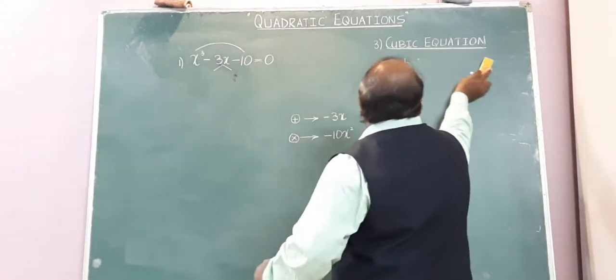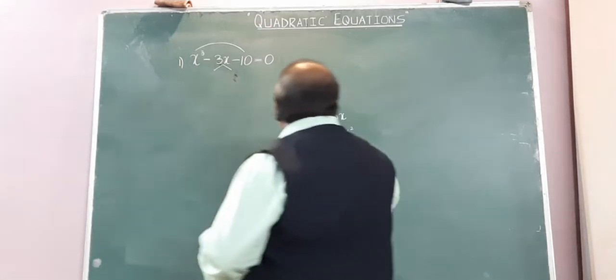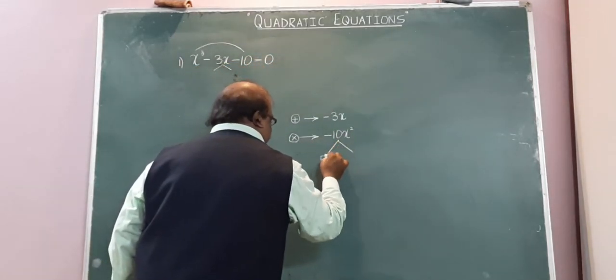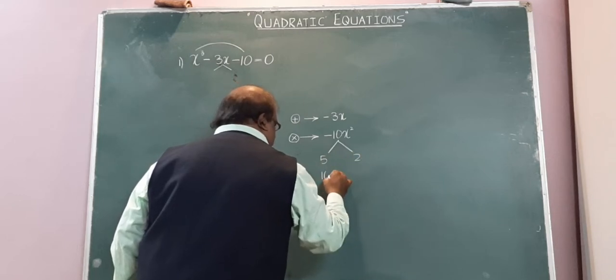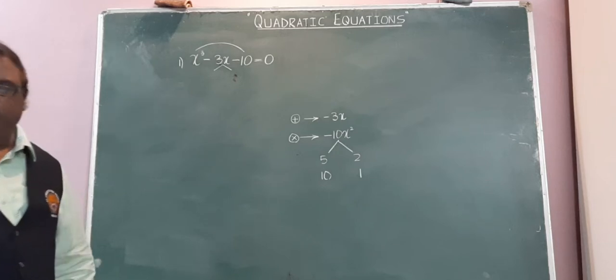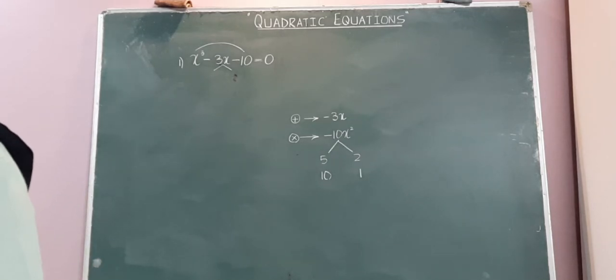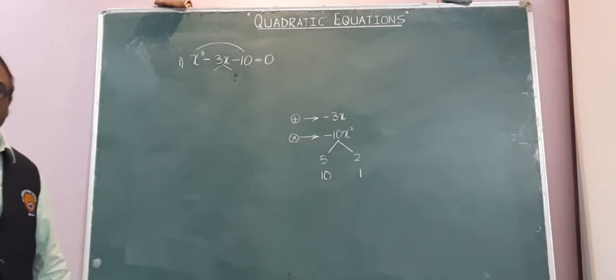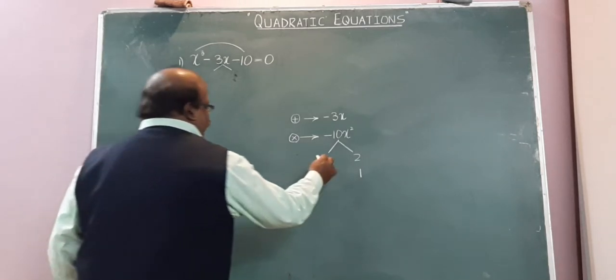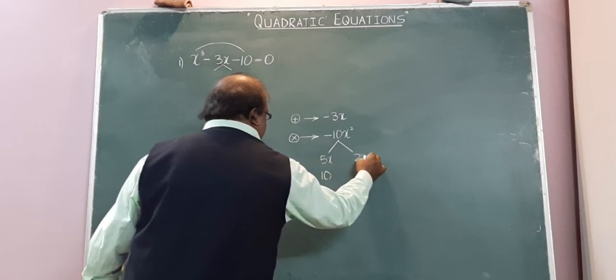The factors of 10 are 5 twos are 10. Only two possibilities: 5 twos are 10, and the second possibility is 10 ones are 10. The factors could be 5 and 2, or 10 and 1. Now, let us assume 5x and 2x to be the factors.